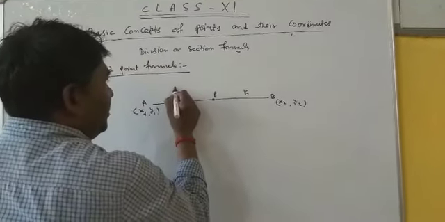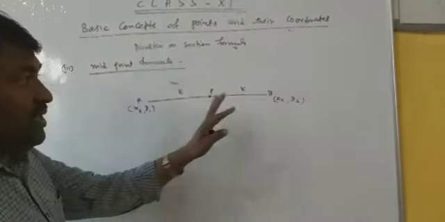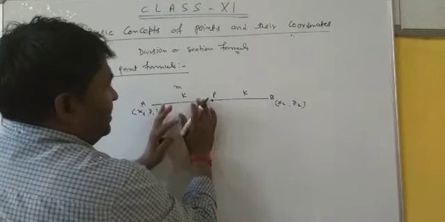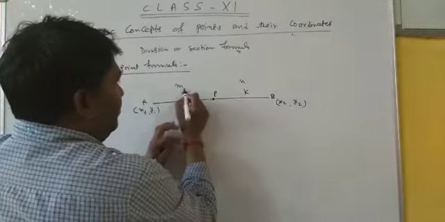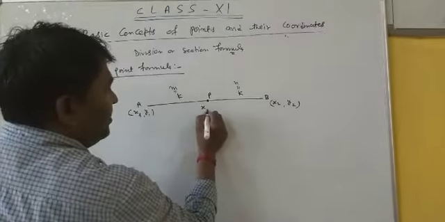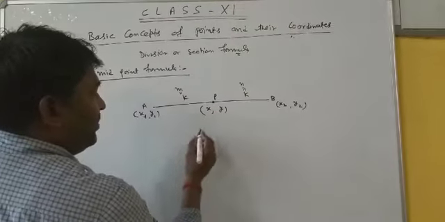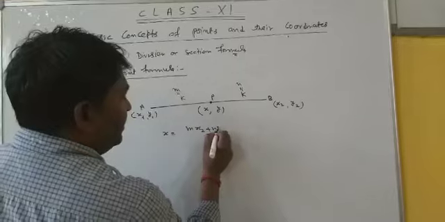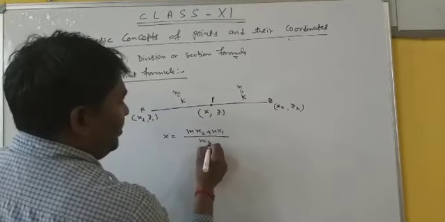It means what? We just see in the case of internal division, what have you seen? One part it was m, another part n. So by internal division formula, let this is x comma y. So x was earlier mx2 plus nx1 upon m plus n.